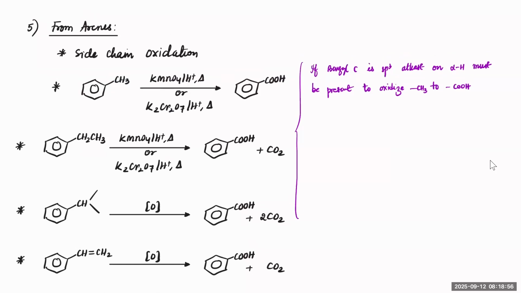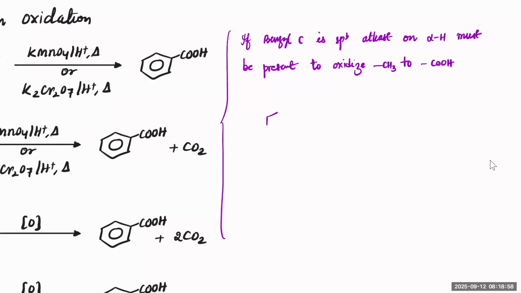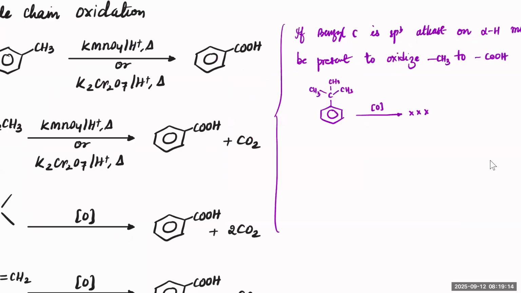What I'm trying to say is, suppose you have a carbon with three other carbon connections, like let's say a tert-butyl group here. If you try to oxidize it, nothing will be observed. Why?